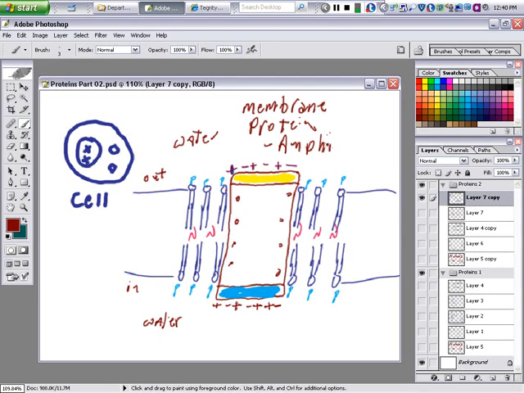Do you know of a word that has the root amphi in it that denotes two things or both? Ambidextrous is one. Amphibian, exactly. So these are amphiphilic. They love water and they love non-water things, organic things.